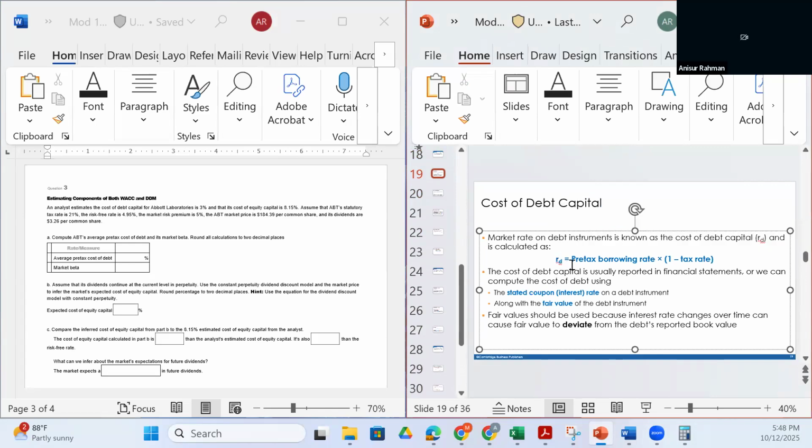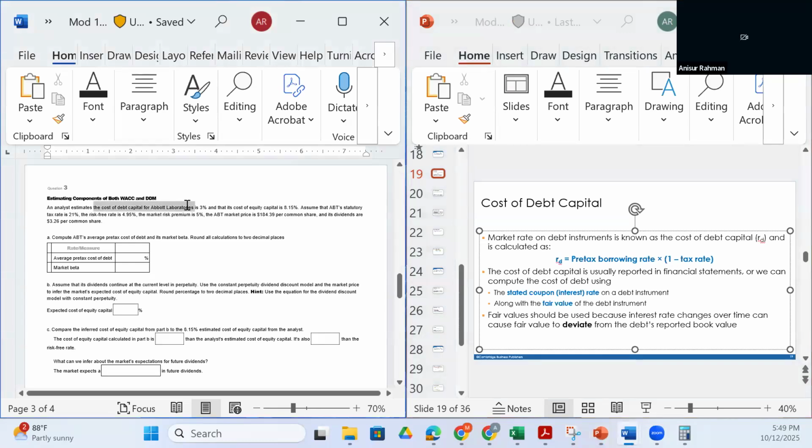And this is equal to our pre-tax borrowing rate times 1 minus the tax rate. So we have to find out the pre-tax cost of debt, and we are given the cost of debt capital. So we are given RD, right?